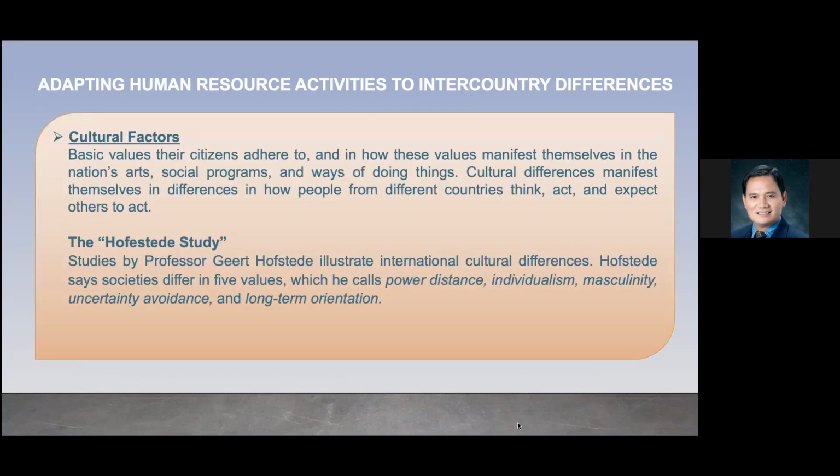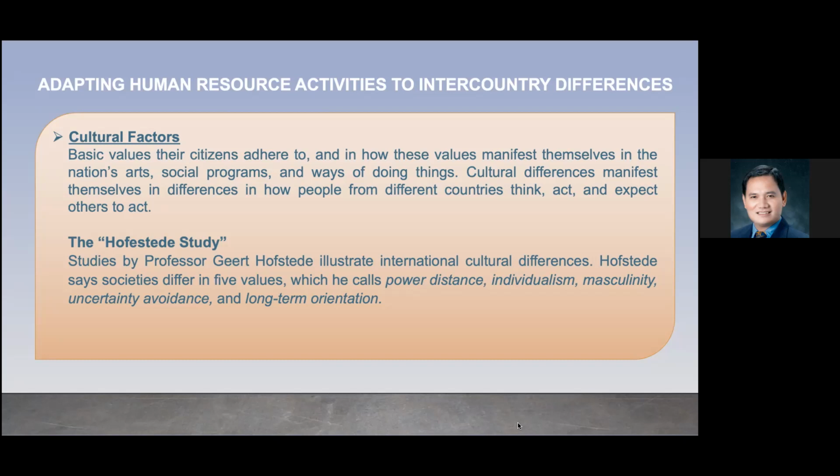Cultural factors. The countries differ widely in their cultures. In other words, in the basic values their citizens adhere to, and in how these values manifest themselves in the nation's arts, social programs, and ways of doing things. These cultural differences manifest themselves in differences in how people from different countries think, act, and also expect others to act.